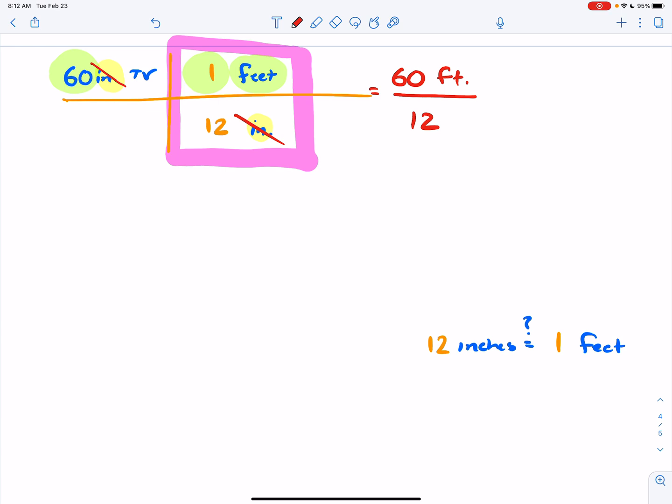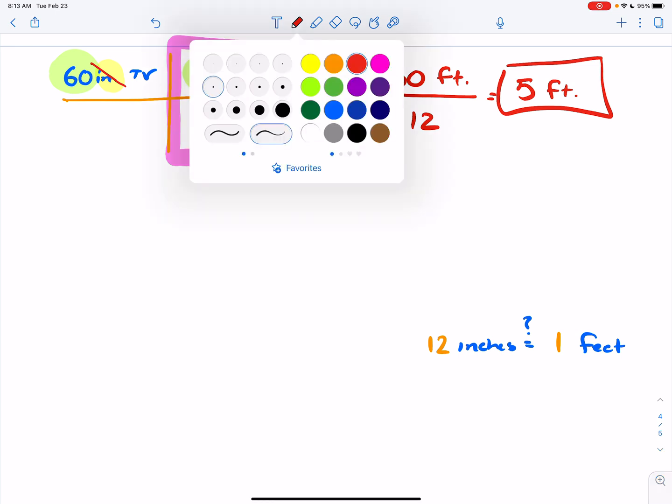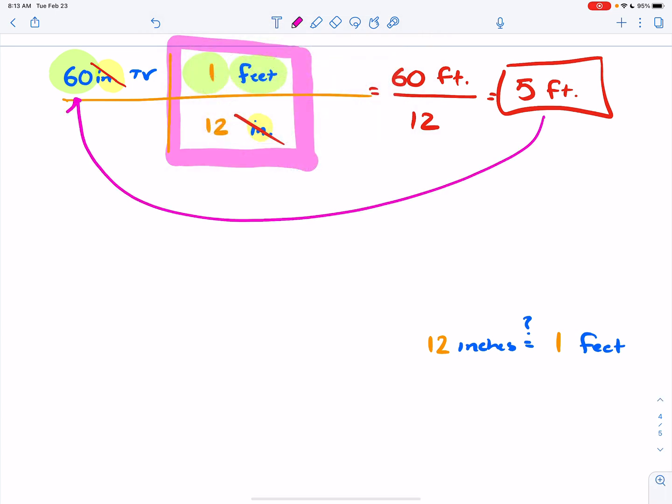So I'm left with feet, which is what I want. 60 divided by 12. You can use a calculator if you like. 60 divided by 12 is 5 feet. So what does this really mean, right? This is saying that 60 inches is the same thing as 5 feet. So your 60-inch TV is equivalent to 5 feet. All right? So it's written differently, but it's equal. I want you guys to remember that. It's written differently, but it's equal.